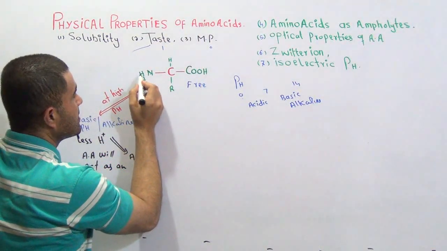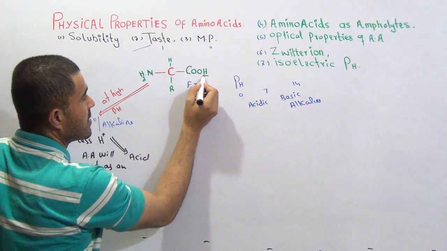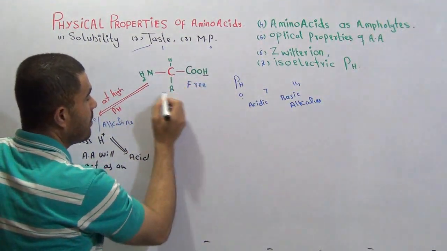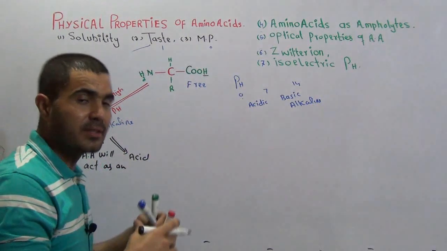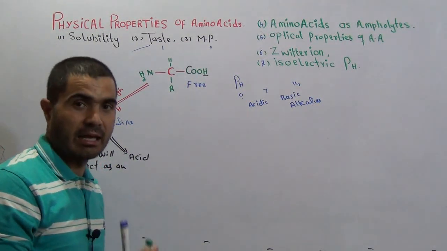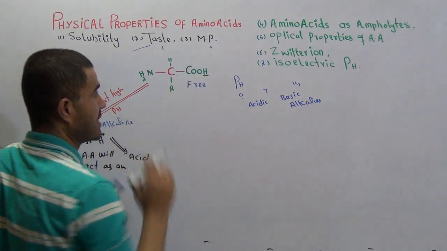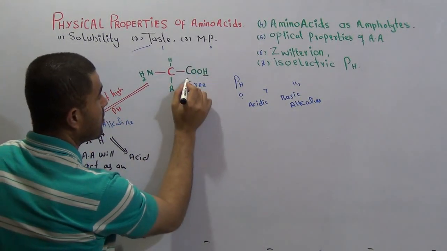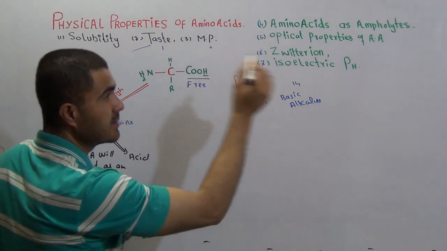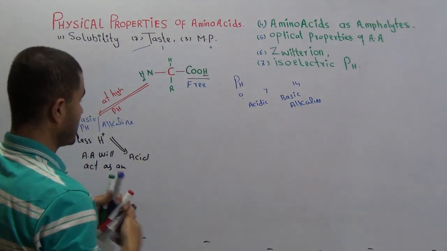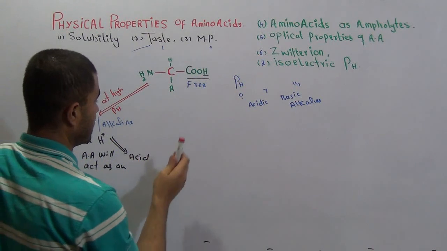You can see one hydrogen is here and another hydrogen is here. This amino acid will release one of its hydrogen ions in the form of a proton. Which one is it? That is the carboxylic group. This carboxylic group will release its hydrogen, and as a result the structure will become like this.